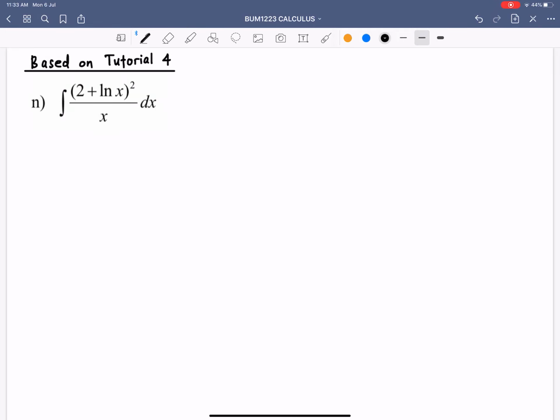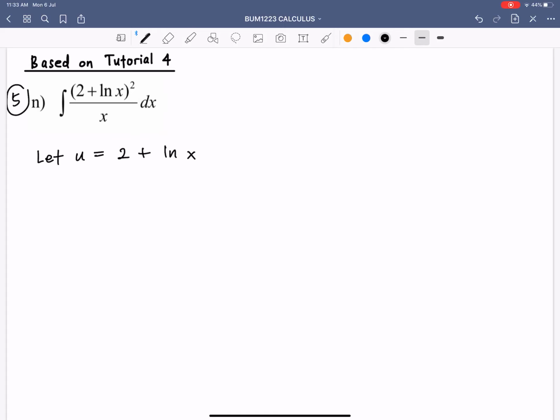Okay, one more example. This is also based on tutorial 4, question 5N. So what will be our choice of u? We let u equal 2 plus ln x.